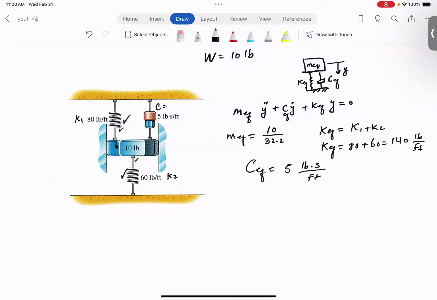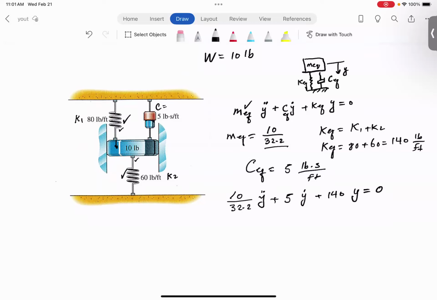All right, so our differential equation therefore becomes mass equivalent, which is 10 over 32.2, y double dot, plus C equivalent, which is 5 y dot, plus K equivalent, which is 140 y. Now we can normalize this, guys.